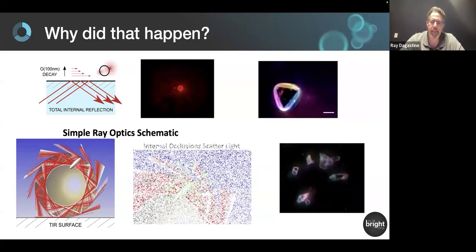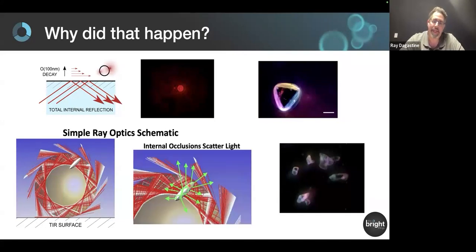The light bouncing around and resonating inside the object is also going to scatter off those occlusions and internal structure. That allows you to see perhaps things you didn't expect. Instead of finding just edges on the outside of an object, you can find the edges on the inside of an object.